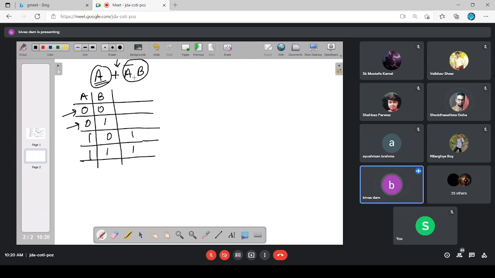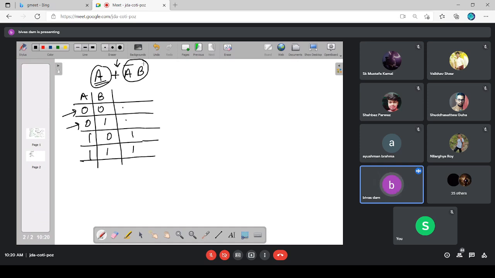For which A value does A bar become true? 0. But there your B must be 1. A bar B will be true in case your A bar is 1 and B is also 1.